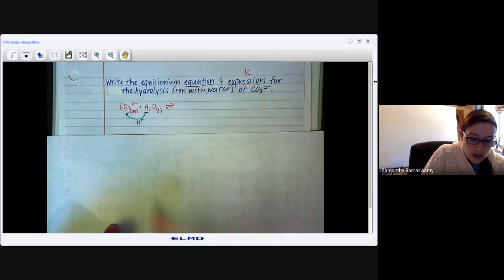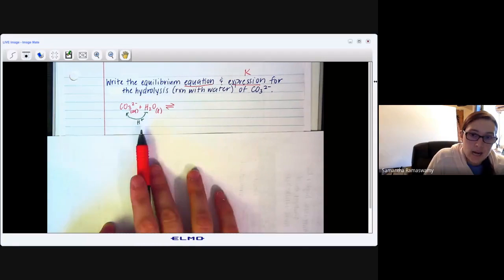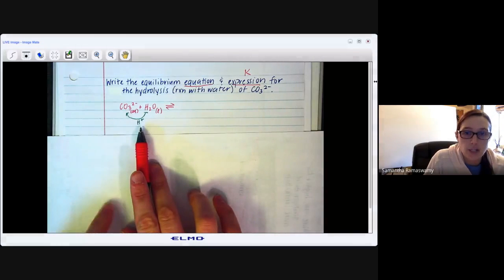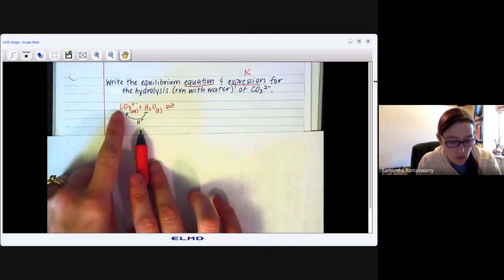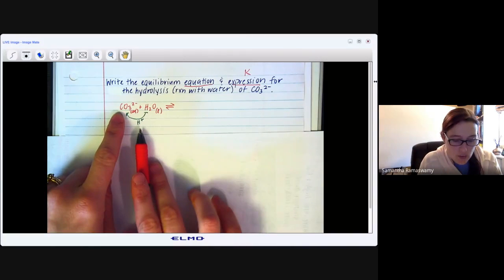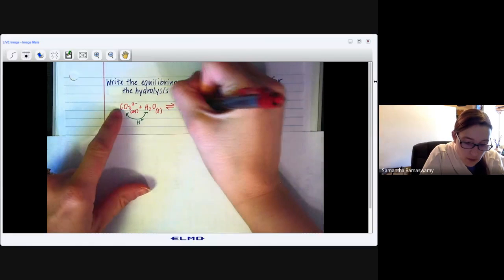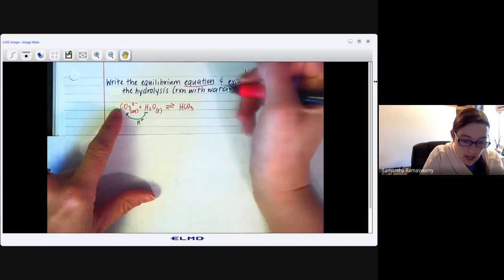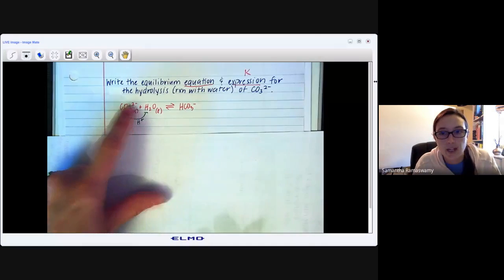When CO3 2- accepts just one H+, remember only one proton is donated at a time, we add an H, so we'll have HCO3, and we add a +1, so it becomes HCO3-.